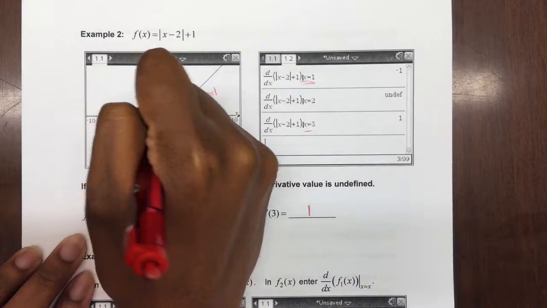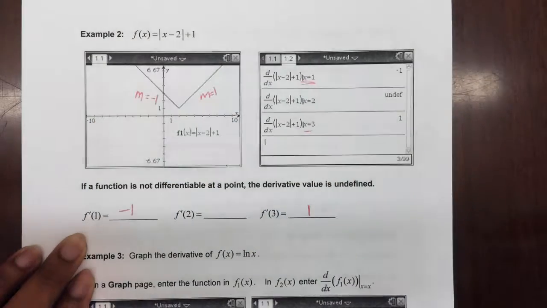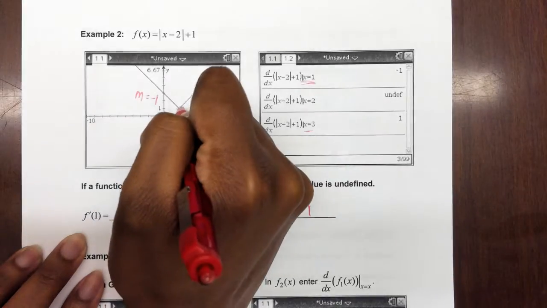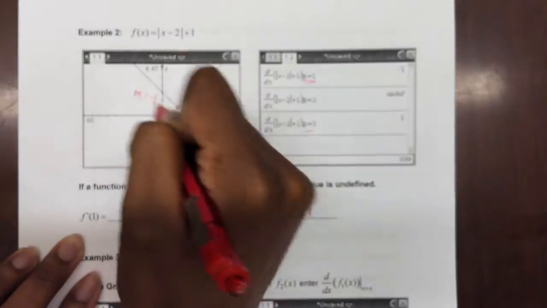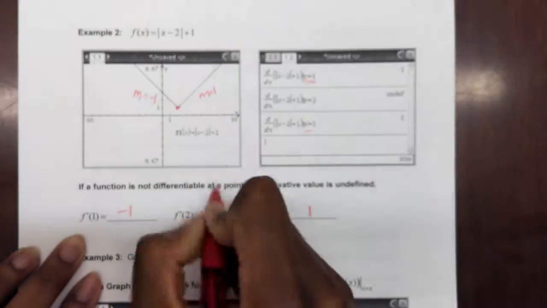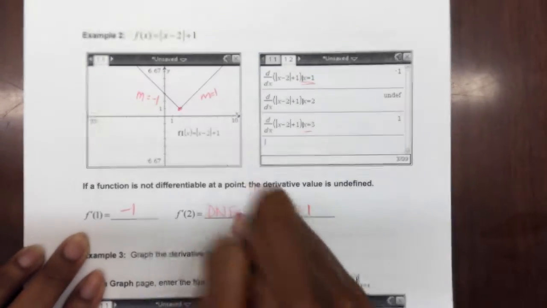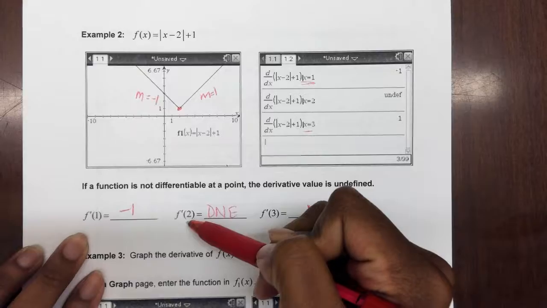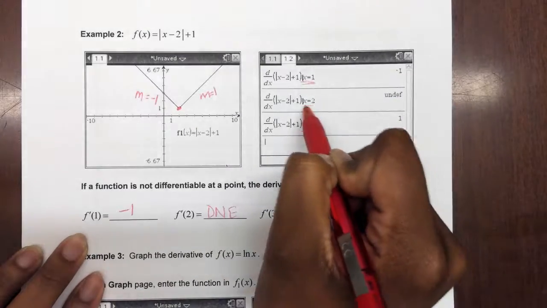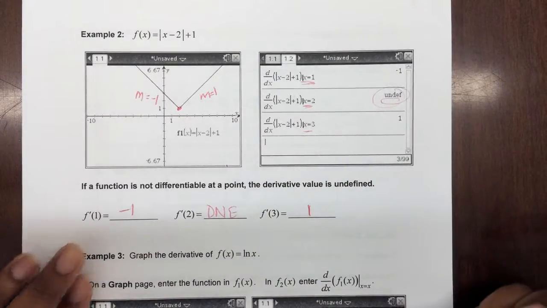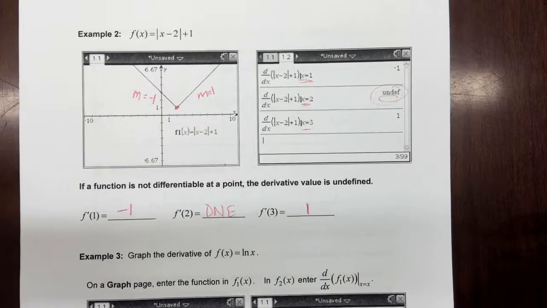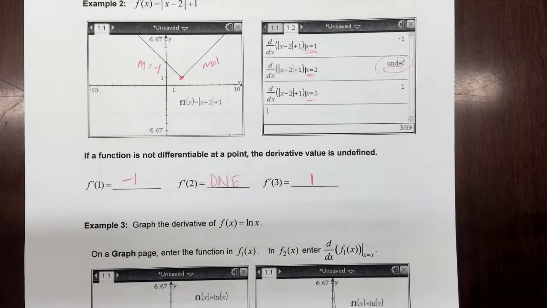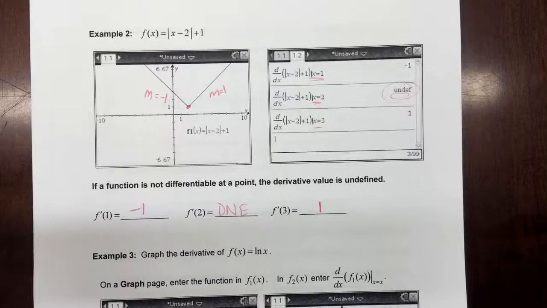This slope is -1. And then here in this corner, the derivative on the right and the derivative on the left do not equal each other, so we should get does not exist for x equals 2, which is what we get. We get undefined at x equals 2. So this is just another way of seeing that the derivative does not exist at a corner.